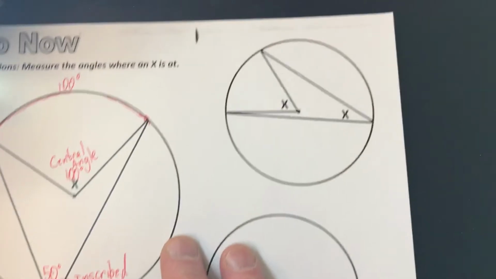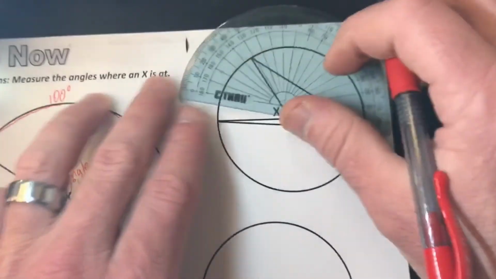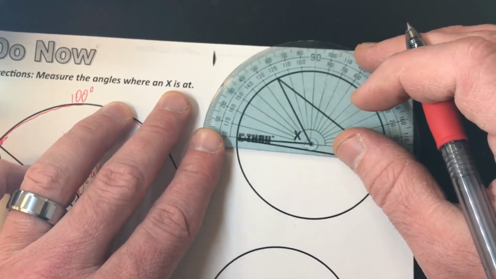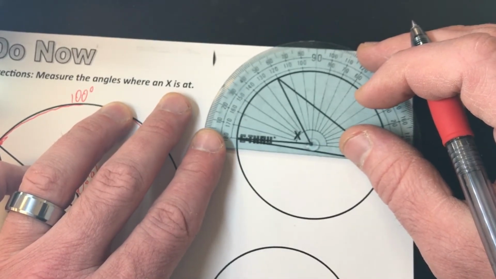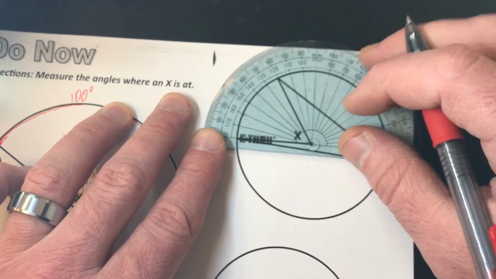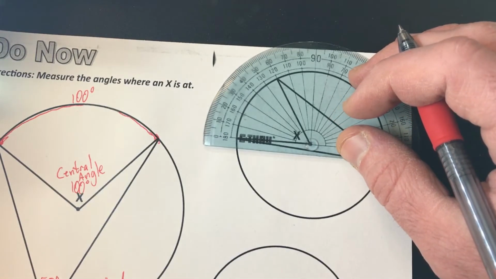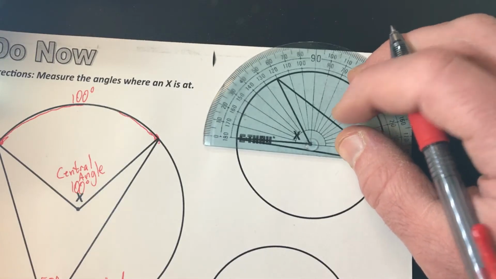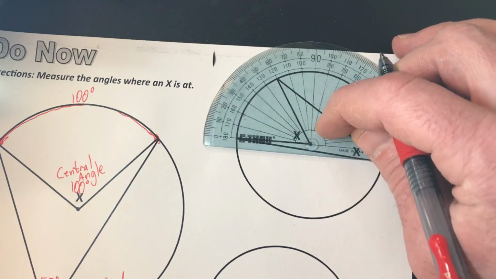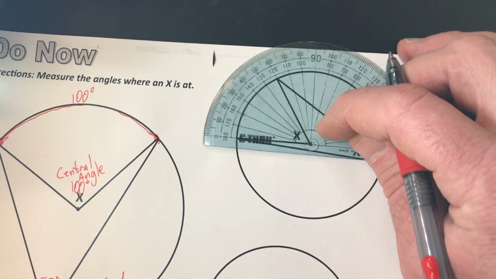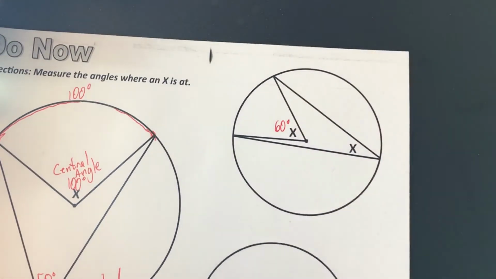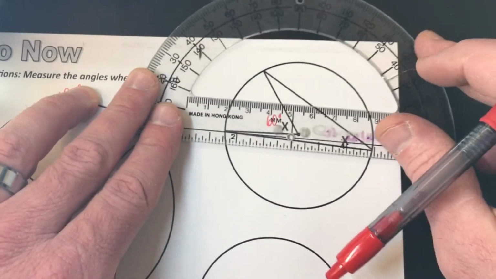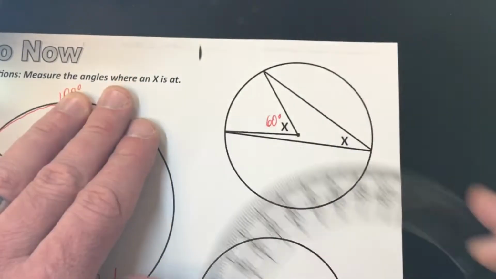So let's look at that on a couple more of these real quick. On this one, how big is this central angle right here? Looks like it's pretty much like 60 degrees. Again, this is harder to measure with these bigger protractors because you really need to extend the lines and all that, but it's about 60.